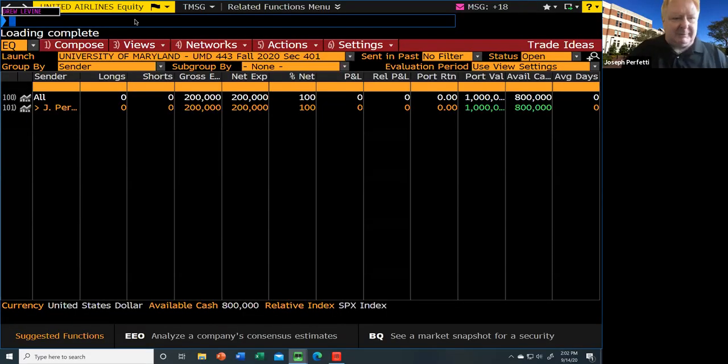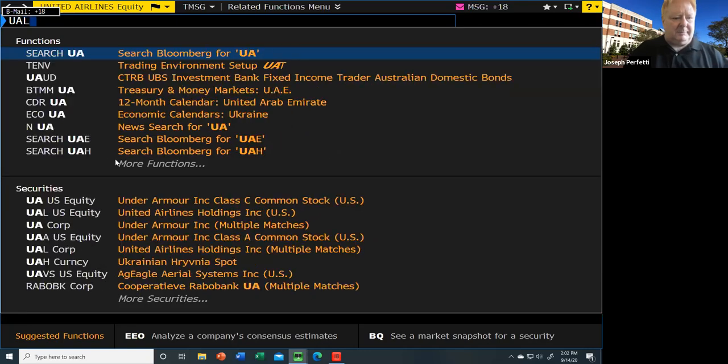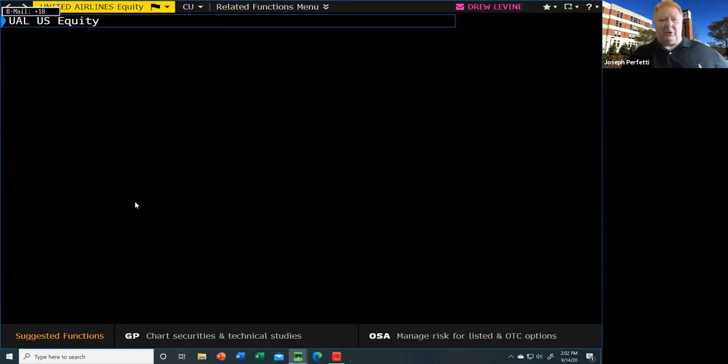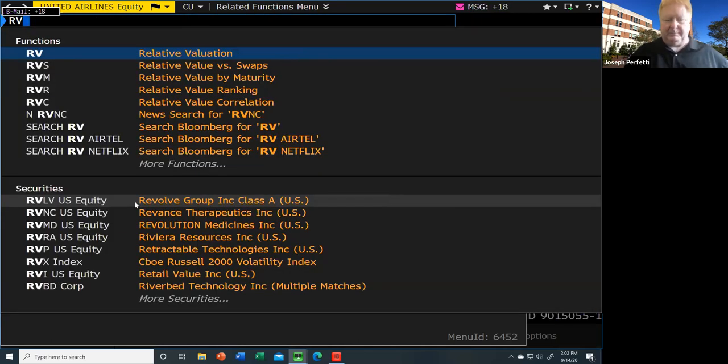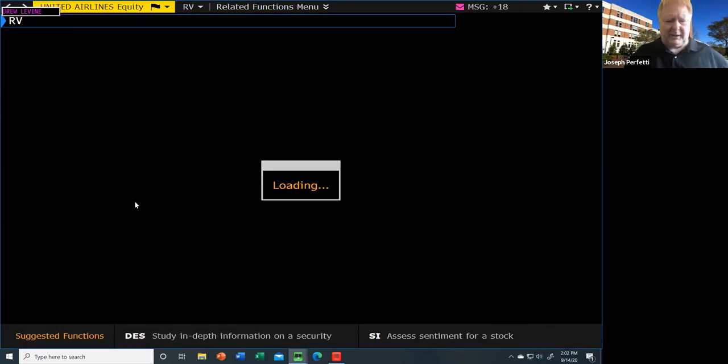And basically, we'll use United Airlines as an example. But for homework 1, it's relatively straightforward. You would have gone to the RV screen, and you had to find an industry that had a negative spread.